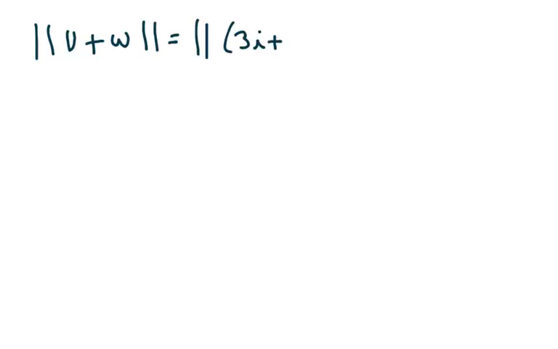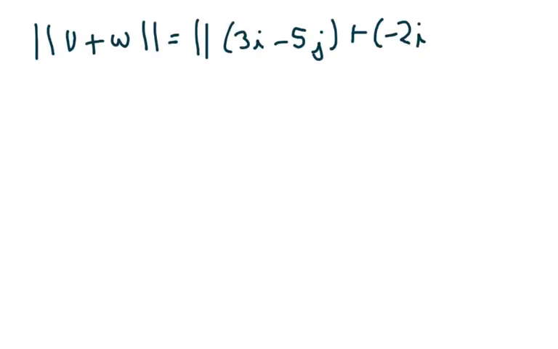Okay, the next one we want to do is find the magnitude of v plus w, and that's going to be the magnitude of 3i minus 5j plus negative 2i plus 3j. Again, you need to write these down.